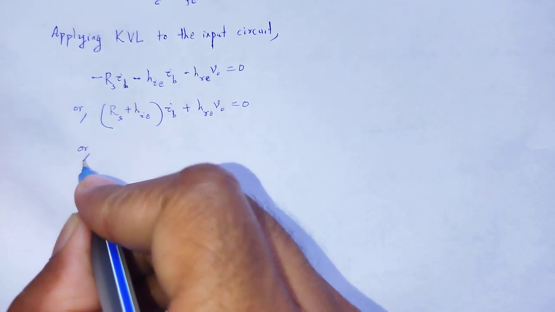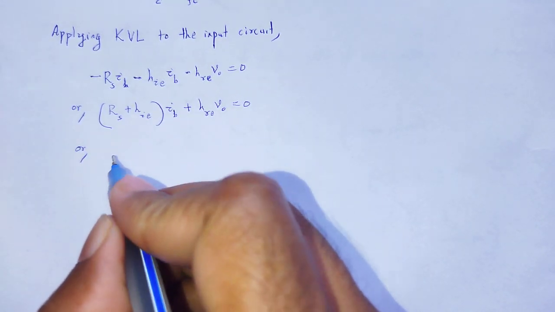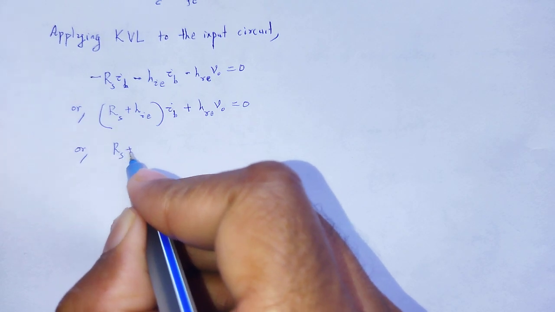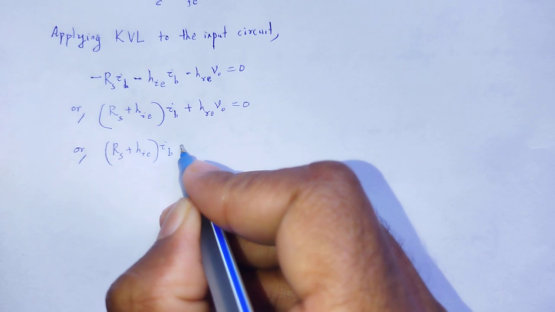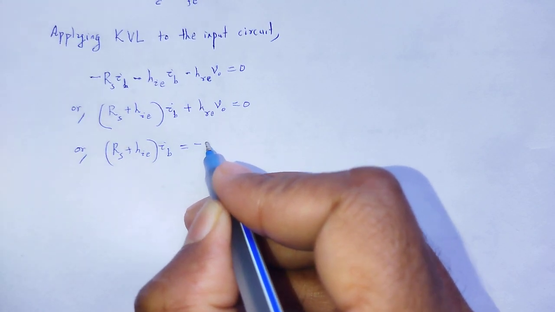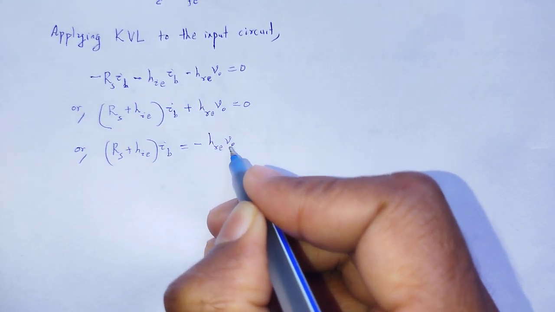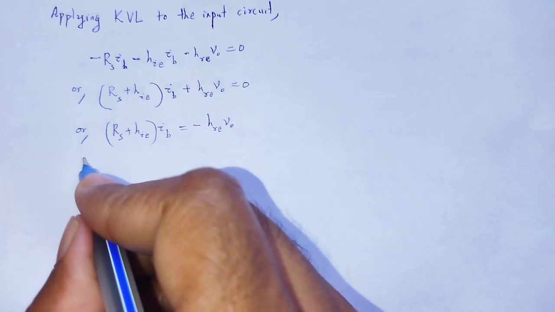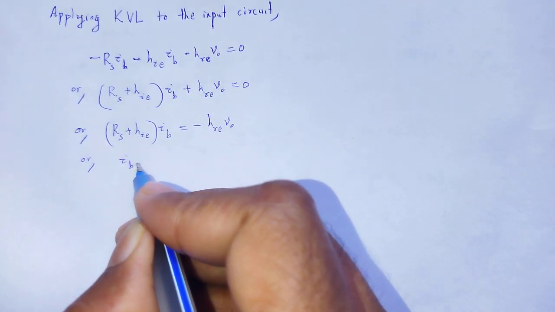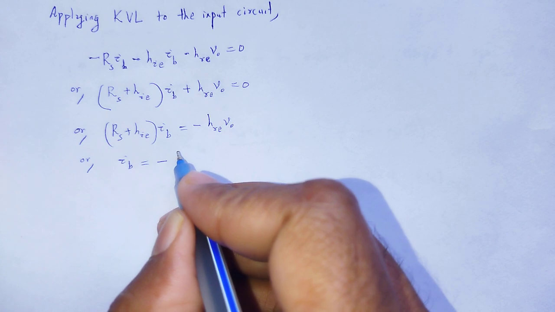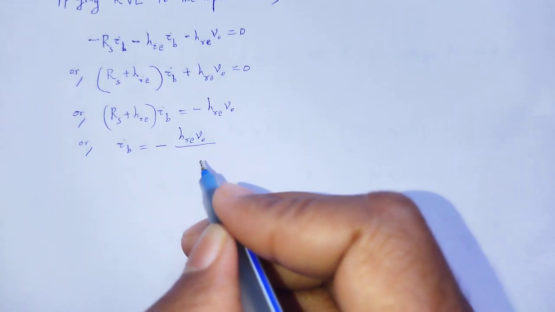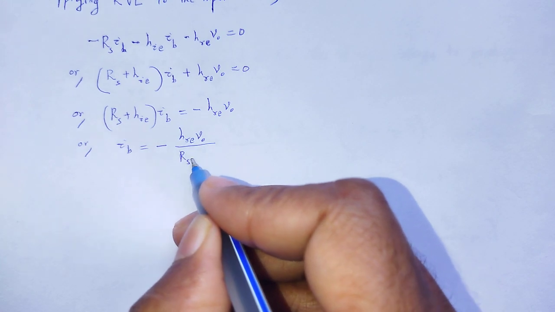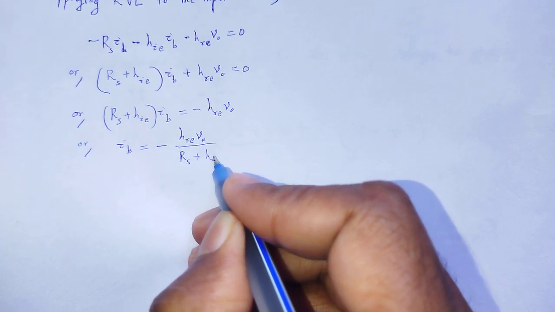From this, RS plus HIE times IB is equal to minus HRE VO, or IB is equal to minus HRE VO divided by RS plus HIE.